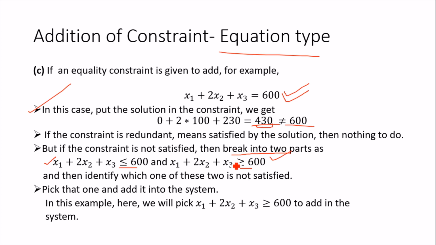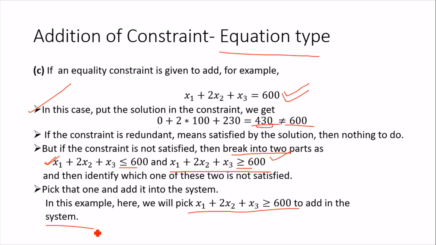So it's definitely going to satisfy one part of it. So here the less than or equal to type constraint is satisfied because 430 is less than 600, but this one is not satisfied. So we will pick this one and add it into the system and the process continues exactly in a similar way, the way I have just explained.